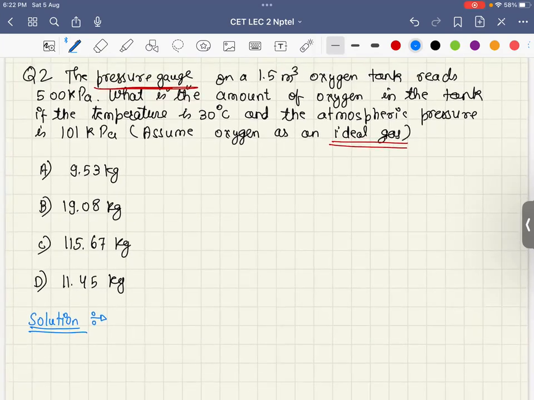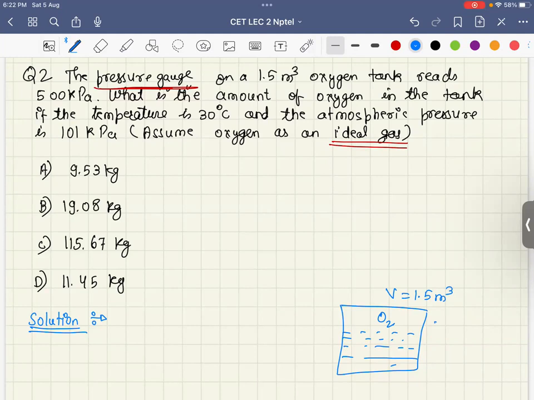So let us first understand the question. We have the pressure gauge on a 1.5 meter cube oxygen tank. So we have a tank which is filled with oxygen, O2, and its volume is 1.5 meter cube. A pressure gauge is attached to this, and it is reading a gauge pressure of 500 kilopascal.